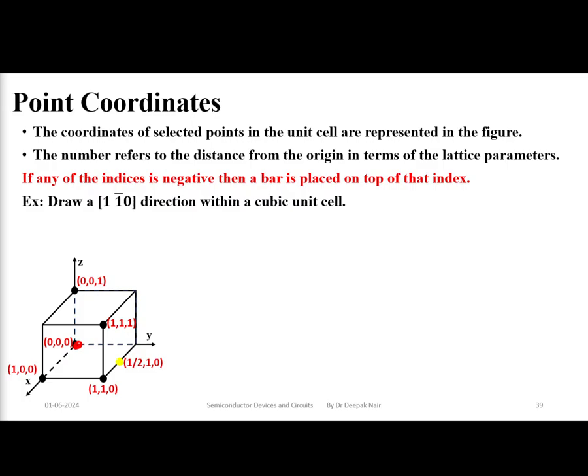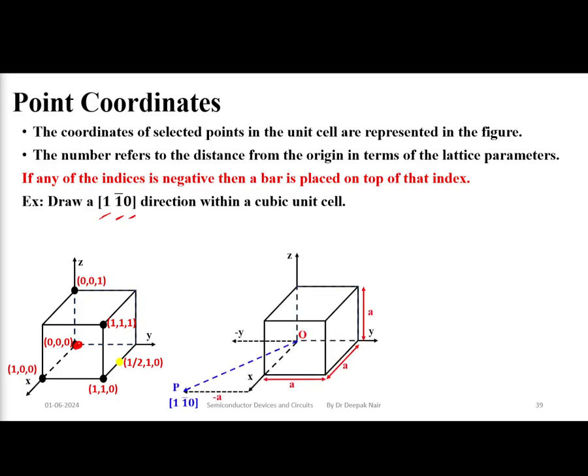In that case, these numbers are representing the points from the origin. So let us try to draw 1 bar 0. Remember, 1 bar is representing -1. So we have to shift the origin. We are moving 1 along the x-axis. The -1 represents minus, so in the y direction we are moving in this direction.